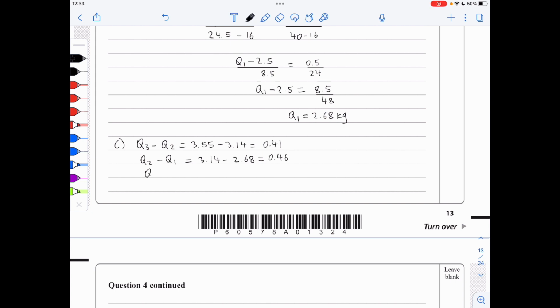So we can say that Q2 minus Q1 is greater than Q3 minus Q2, and we know that when this is true, we conclude that the data is negatively skewed. So we have negative skew in this case.